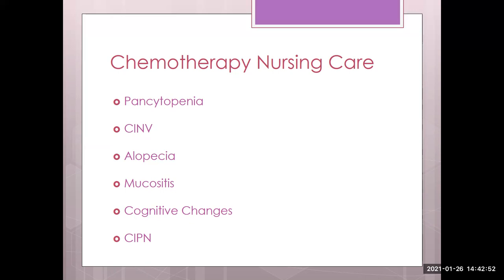So a normal white blood cell count, your med surg book says 5 to 10,000. You may hear 4.5 to 10.5 or 4 to 10, somewhere in that range would be considered normal. So if we're worried about pancytopenia, then we're worried about that count being low, so less than.